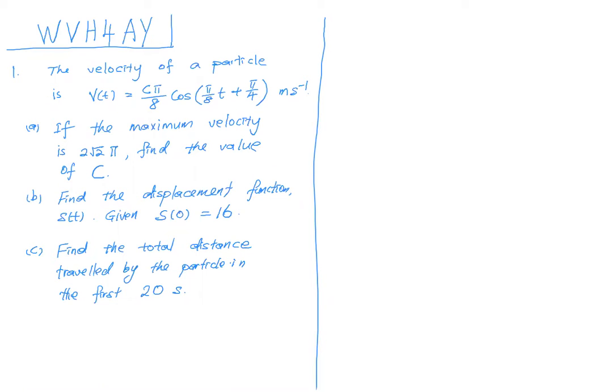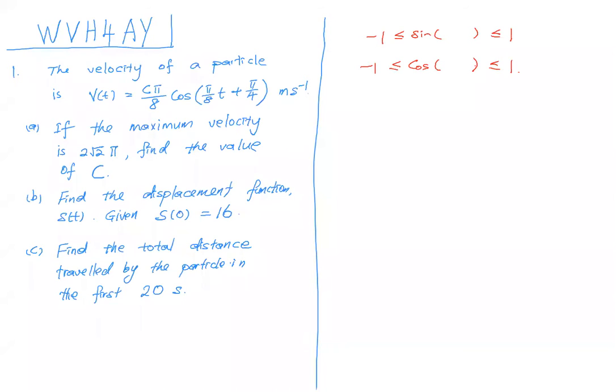Any sin or cos function, sin of an angle: highest is 1, lowest is -1. Same goes with cos of an angle. Highest is 1, lowest is -1.